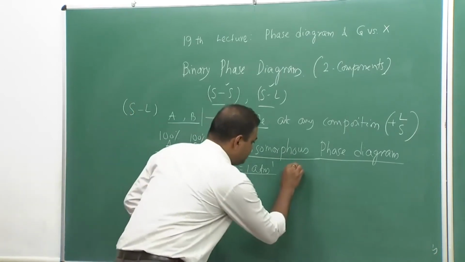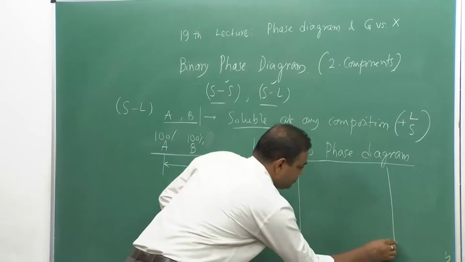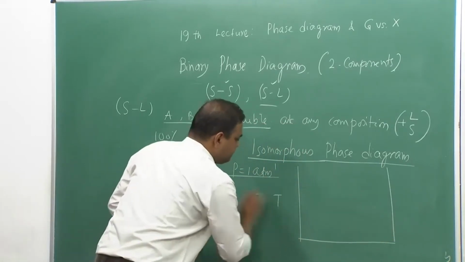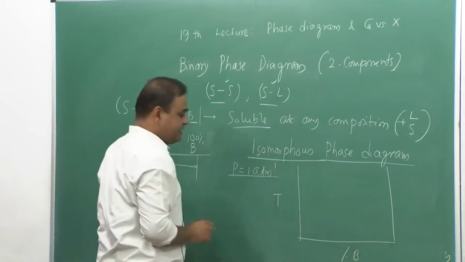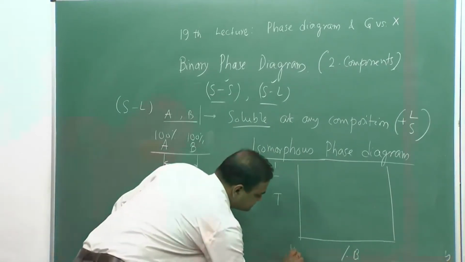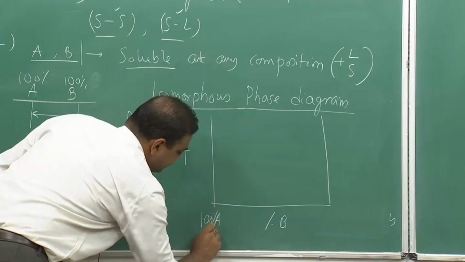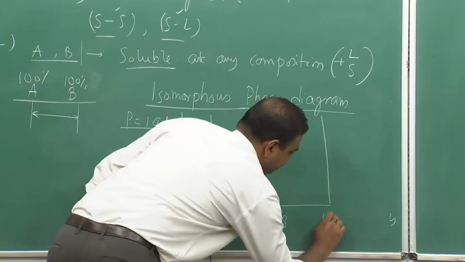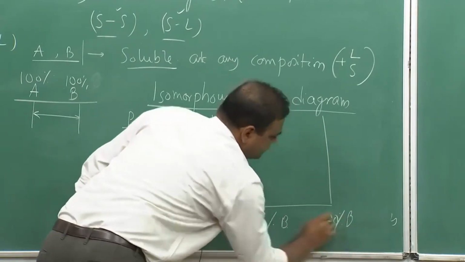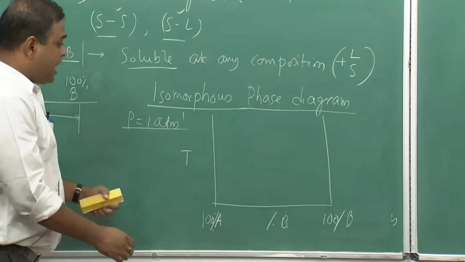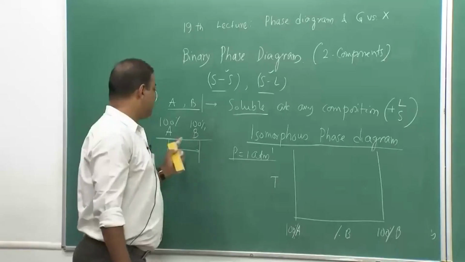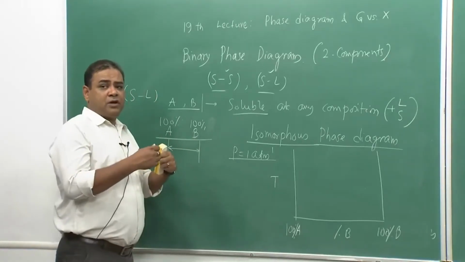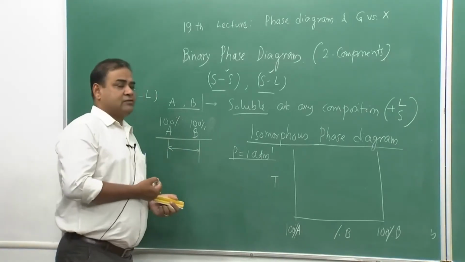So now if I try to draw a temperature composition diagram, this is temperature, this is percentage of B, let us say, from 100% A to 100% B. If I try to draw the isomorphous phase diagram, that means both the components are completely soluble in liquid as well as solid.